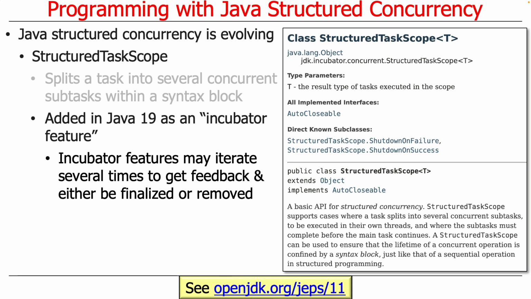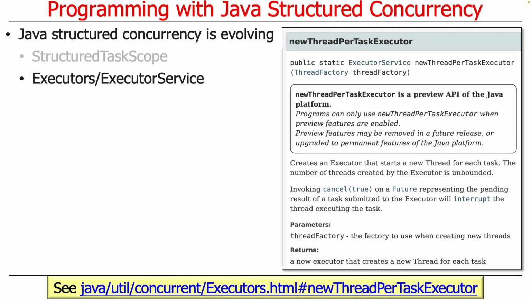Essentially, an incubator feature is brand new, and it may need to iterate a few more times in other releases of Java before they really get it right or before they remove it altogether. I would be very surprised if they removed structured concurrency and StructuredTaskScope altogether, but it may evolve. There may be some new methods, and they may change some names. It's not fully baked yet. That's what an incubator feature means. When we run our examples, we have to tell the IntelliJ IDE to use the incubator features, otherwise it won't compile and run.